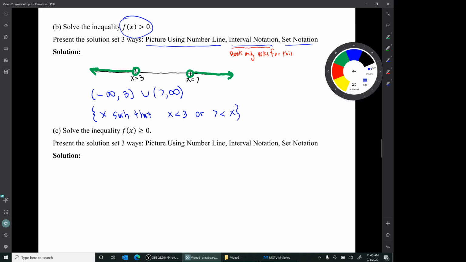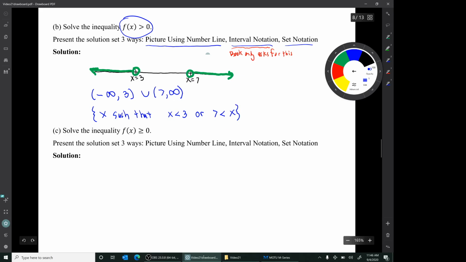So notice I did not say the word and. You could describe this set informally as the set consists of two pieces, this piece over here and this piece over here. But when you describe this set using mathematical terminology, you say that the set is the union of two intervals, and you say in set notation, it's the set of all x that satisfy this or this.